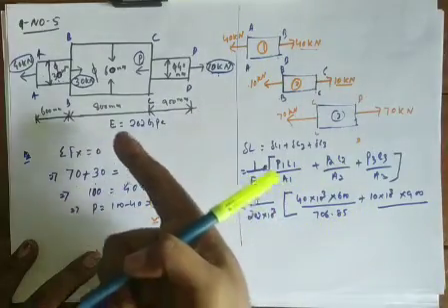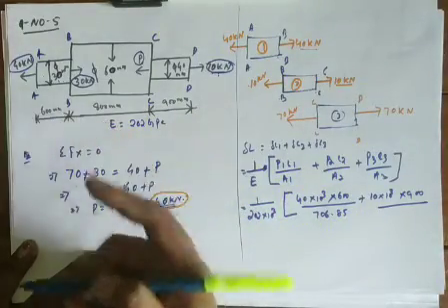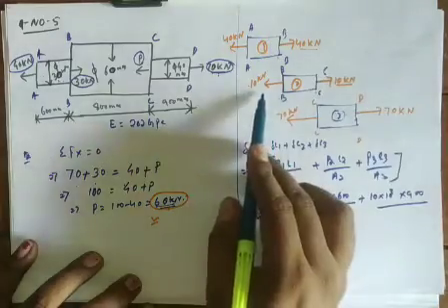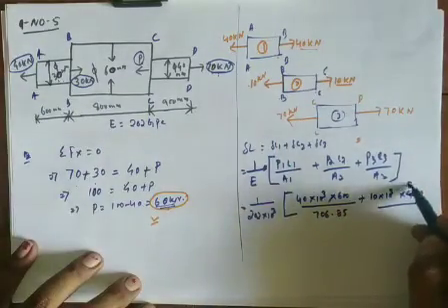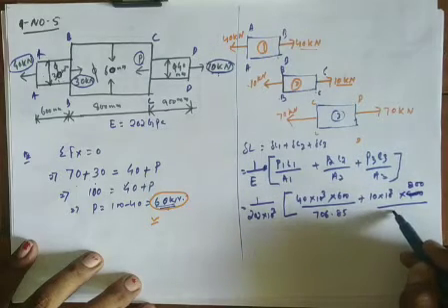Sorry, one minute, this is 800, because the length of section 2 is 800, divided by A2.